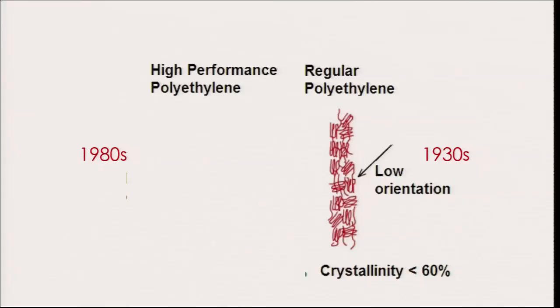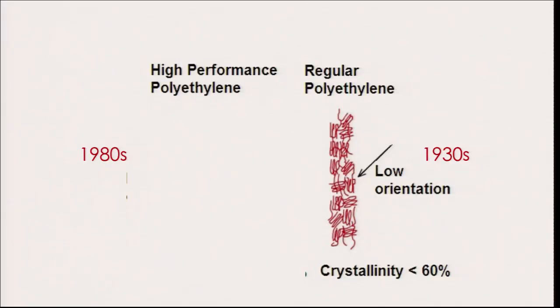The regular polyethylene fiber, which we all are aware, is produced by melt spinning, and it has a structure which has highly folded structure, large amount of rubbery material, quite low orientation, and the crystallinity is also less than 60%.